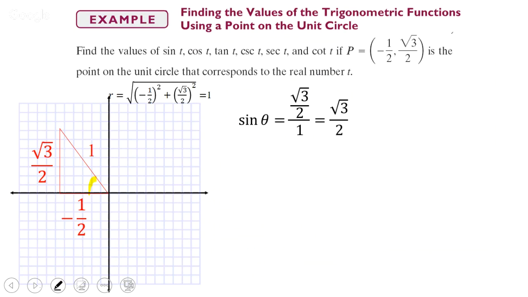So square root of 3 over 2 is the opposite, but 1 is the hypotenuse. Well, anything over 1 is itself. So that's square root of 3 over 2. So notice that when you have the unit circle, sine is always the y value. You might want to write that down. Sine is the y value in the unit circle.